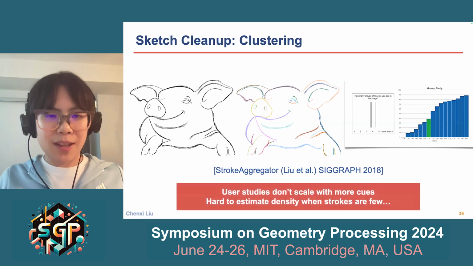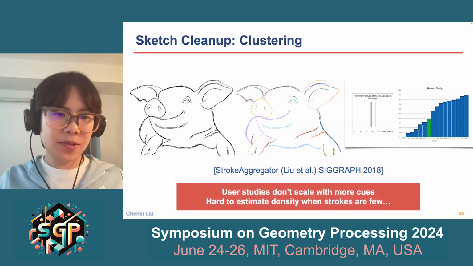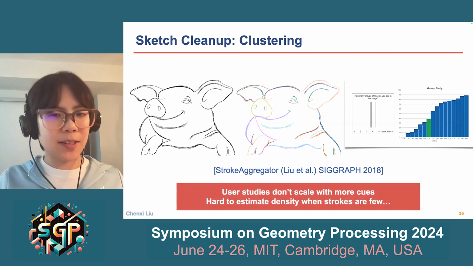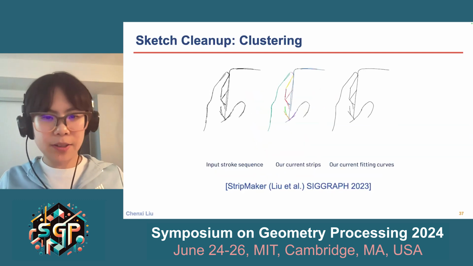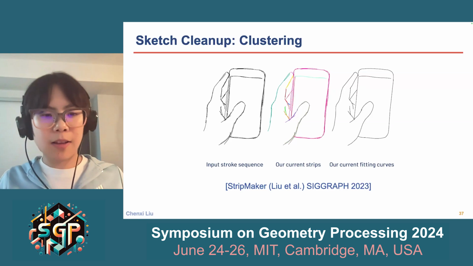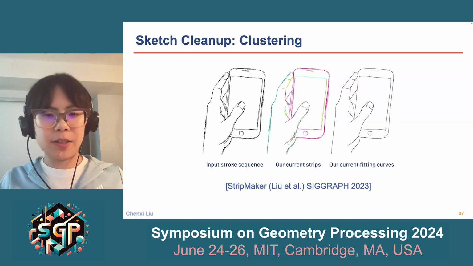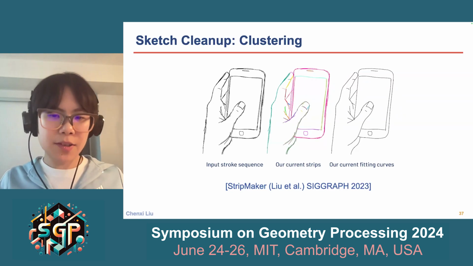However, user studies don't scale very well with small cues, and it's hard to estimate density when strokes are few within the cluster. In this follow-up work, we use learning to avoid the previous problems, and unlike Orbay and Kara, incrementally compare new strokes to existing clusters to avoid the common branching artifacts.